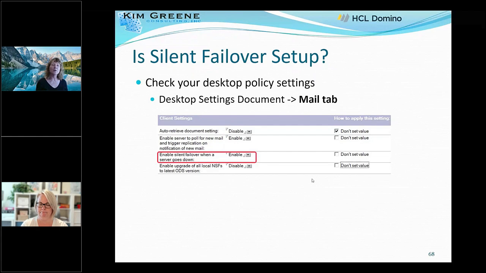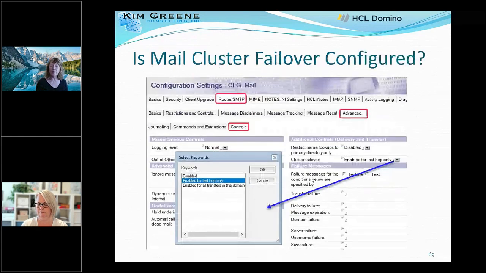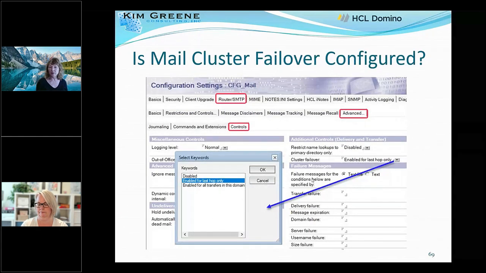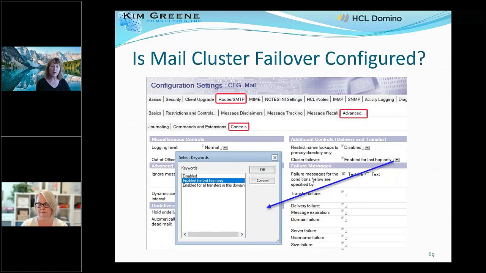Another one is for your mail routing. Normally the Domino server gets mail, and it's going to say, hey, what is the user's home server? I'm going to route the mail to that server, and then the user gets their mail. Well, if their server is down, what happens? Then the mail has to get routed through in a different way.